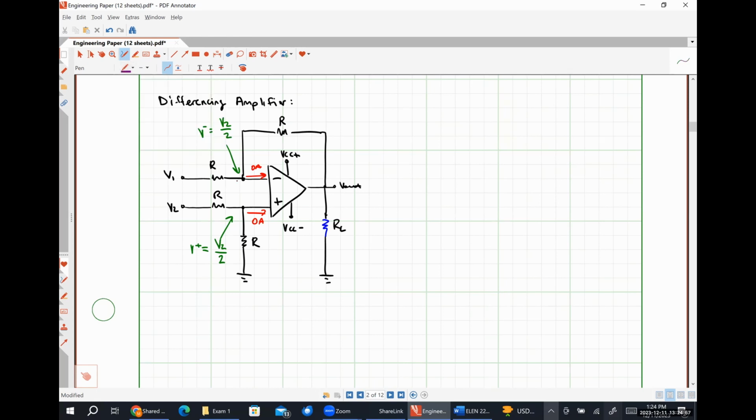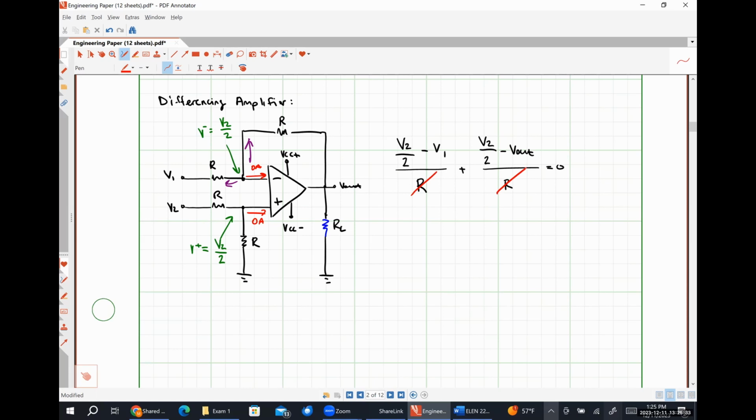Applying Kirchhoff's current law to this node, we are going to have (V2 over 2 minus V1) divided by R, plus (V2 over 2 minus Vout) divided by R, is equal to 0. And so I can just multiply both sides through by a factor of R and change nothing, right?